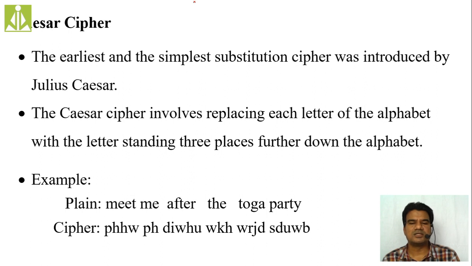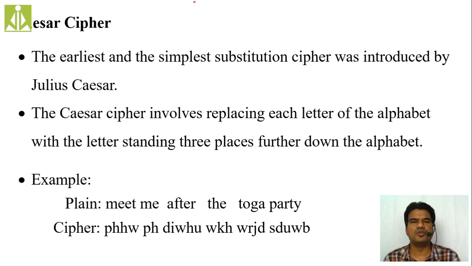The Caesar cipher involves replacing. Generally, substitution means replacing the plain text alphabets only. So it involves replacing the plain text letters with the letters standing three places further down the alphabet. So what is the key over here? Yes, this example I have already explained in my previous class also, so again we are discussing it over here.